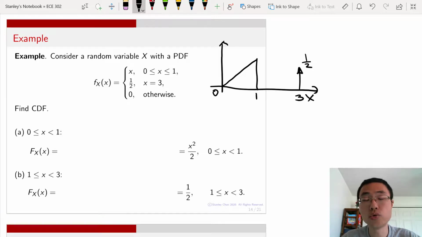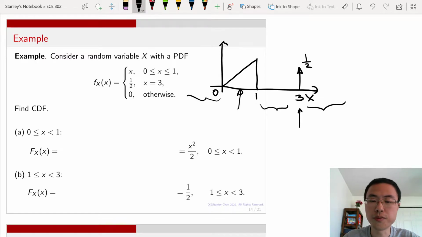The PDF has 2 ranges. The first one is a straight line. The other one is a delta function. We want to find the CDF of this random variable X. Clearly, if you are only working in the straight-line range, you can just integrate and get the CDF. But how do we deal with the delta function, and the range before?